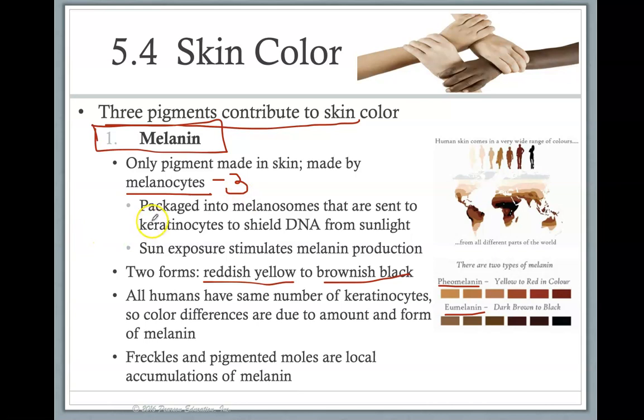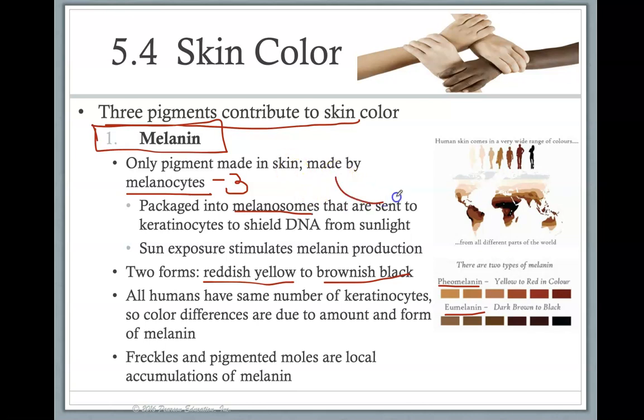But anyway, that melanin, okay, remember, is ultimately packaged into what's called melanosomes. Again, that's a little more than I really probably need to get into here. But remember that it's made by those melanocytes and then kind of packaged up. And it is packaged in something called melanosomes. So it's packaged up and then it's sent into the keratinocytes.